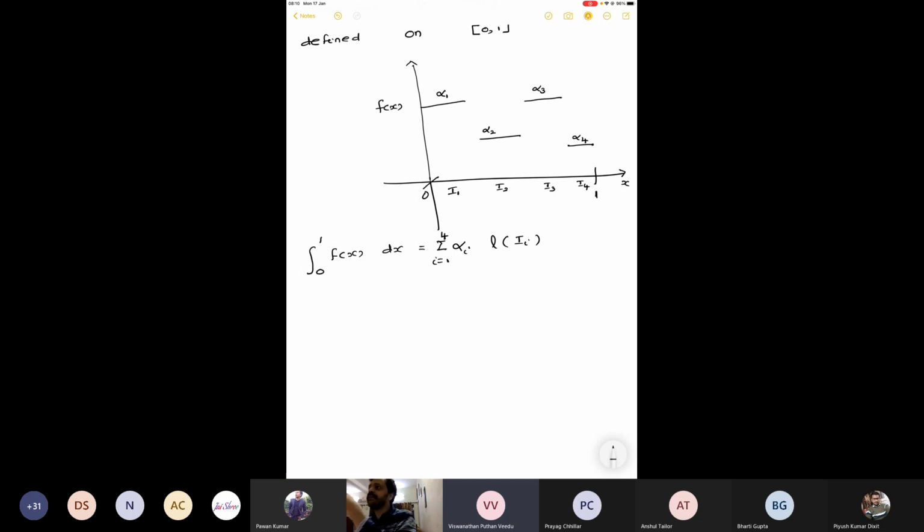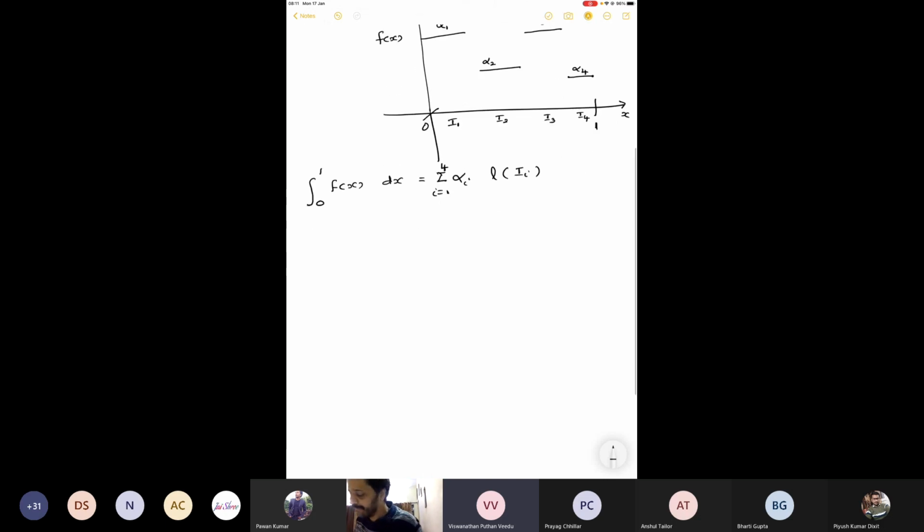To be precise, you consider the inverse image of these distinct values, f inverse of alpha i, and multiply the distinct values the function takes with the lengths of the sets which are the inverse images of these values.